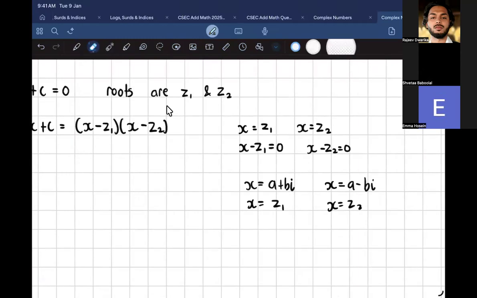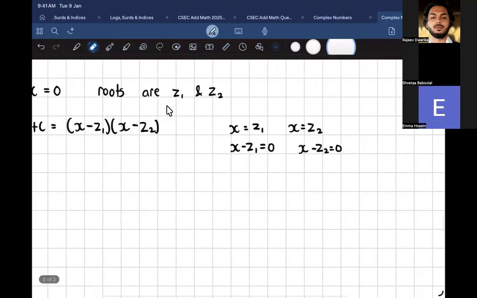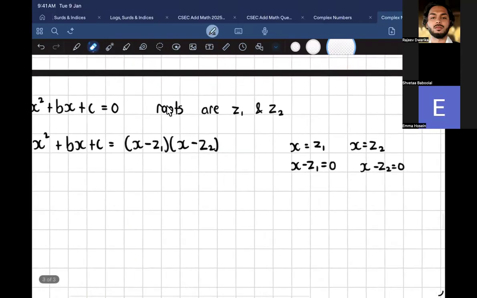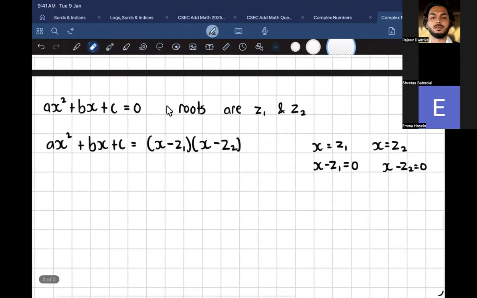Do I just want to go ahead and explain it to her? But wait, before we move on, Shweta, you understand why I could say x minus z1 and x minus z2? Yes. Okay, I'm glad to hear that. So, Emma, do you want to explain it to her, Shweta, or do you want me to just continue?